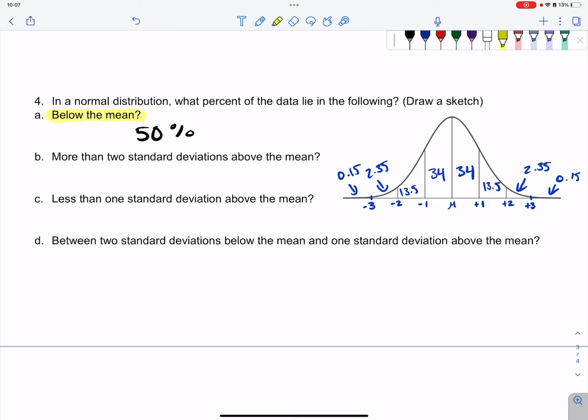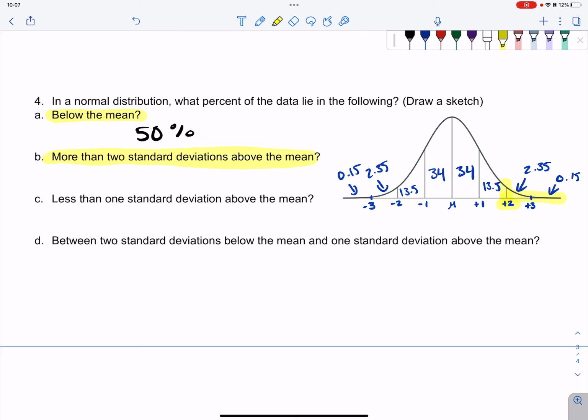The next question is asking us what percent of the data lies more than 2 standard deviations above the mean. So now this means that I'm going to go to my +2 on my picture here, and I want the percentages that are above that because we're going more than 2 standard deviations above the mean.